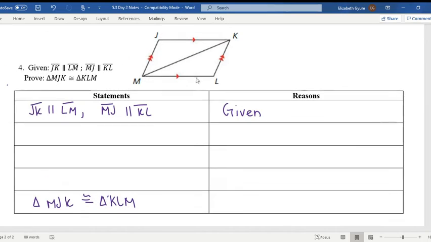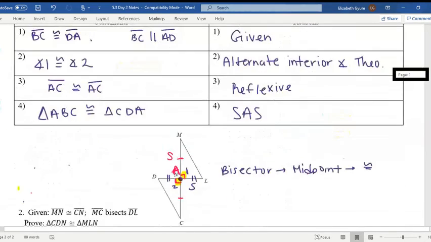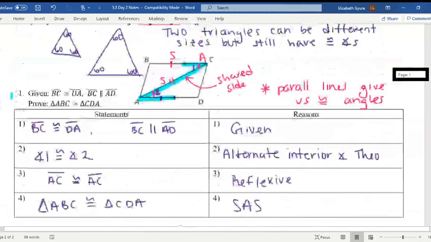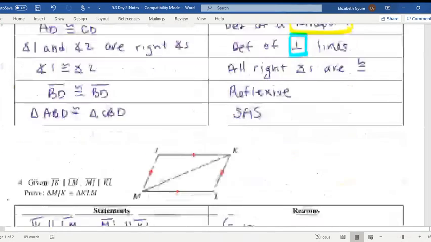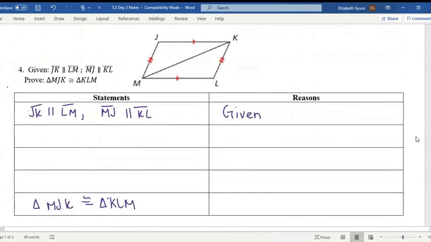All right, so this, we have parallel lines, which we talked about up here in number 1. When we had our parallel lines, remember, parallel lines give us congruent angles. So we're probably going to have to talk about some congruent angles here. So in this one, our given isn't already telling us that anything's congruent.